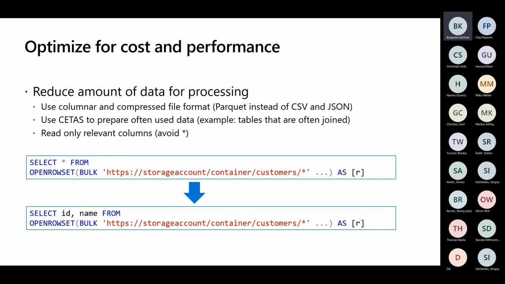I'm just asking, is it a good idea to do something like this? Because the engine will know that just ID and name need to be retrieved from the storage. Or is it a bad idea because it will first read select star from the storage and only then know, oh, I see, I need this column, I throw away the other stuff. I see. I expect the query optimizer to be smart enough to eliminate the others. Okay. I'm pretty confident in that, but yes, I can double check and get back to you offline. Okay.